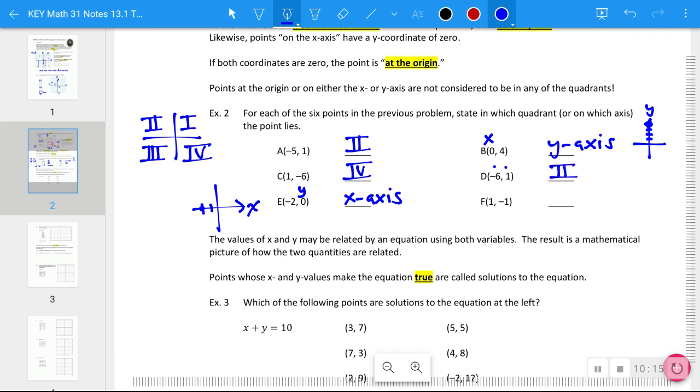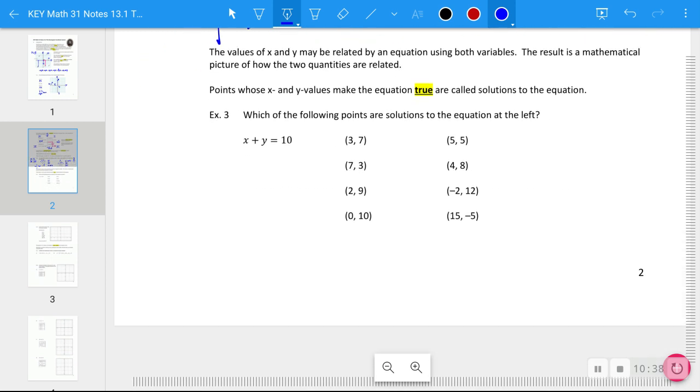We already had one in quadrant 2. You'll notice that both A and D have a negative for the x and a positive for the y. And point F, you're going to be one to the right and one down. So if you go to the right and down, it puts you in quadrant 4. Actually, I think I'll continue this video here for the next couple of problems.